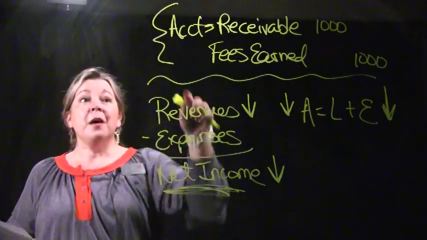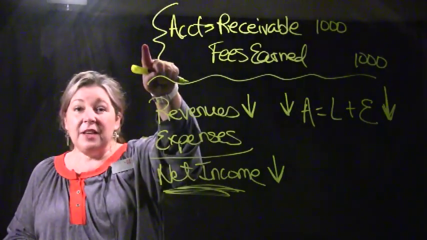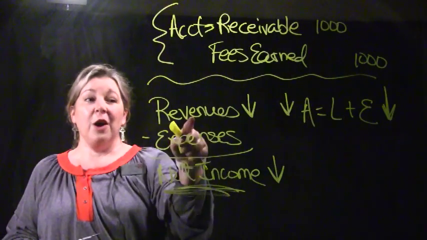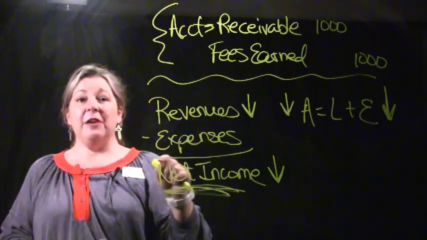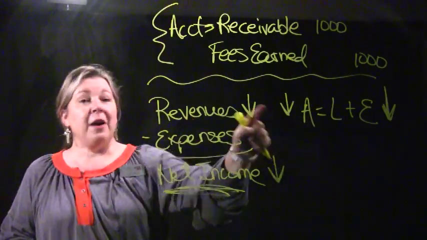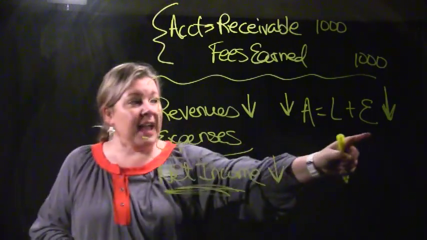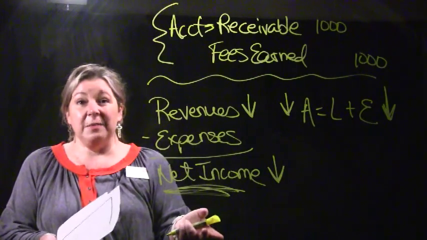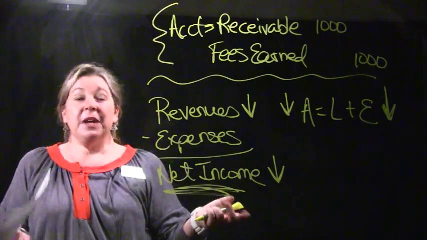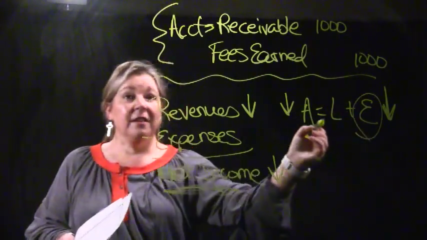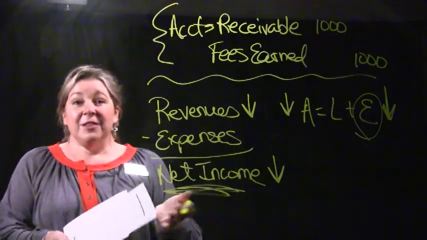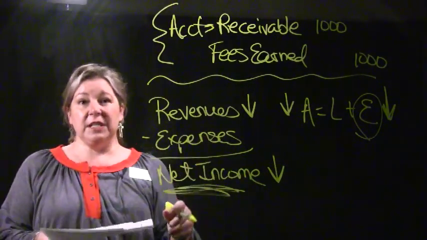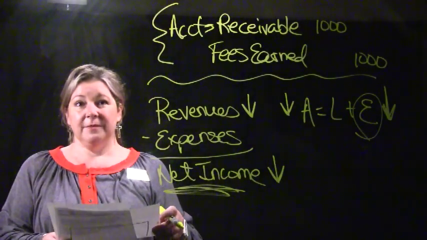So man, by skipping this one entry, we messed up our revenues, which messed up our net income, we messed up our assets, and our equity. So two of our major financial statements, well, really all three of them, because the equity comes from where? The statement of owner's equity. So actually all three of them are messed up just because we skipped this one entry.